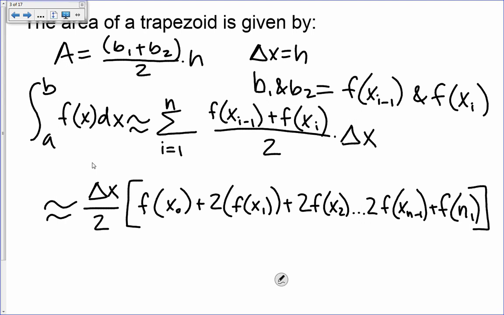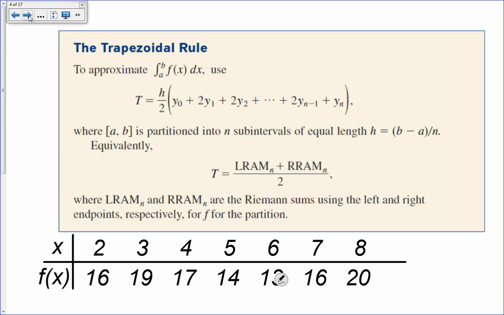So again, this specific equation only works when delta x is constant. In our first example, delta x was 1/4 for every trapezoid. So we are allowed to factor that 1/4 out. Okay. So here is that trapezoid rule written out, the final equation.